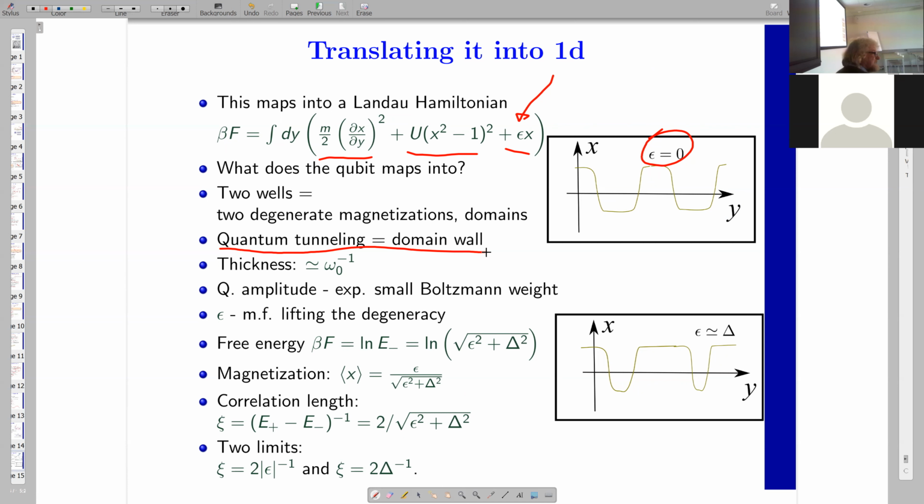And indeed, the thickness of these domain walls is what one can get from estimating the time which is spent in the tunnel barrier. And the quantum mechanical amplitude exponential is immediately related to the Boltzmann weight. Right?